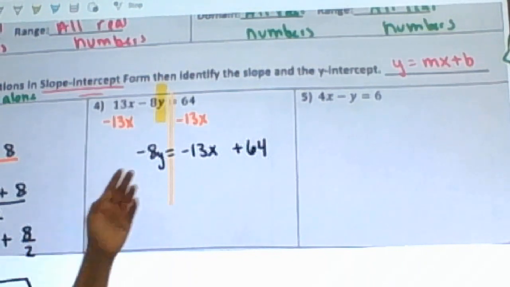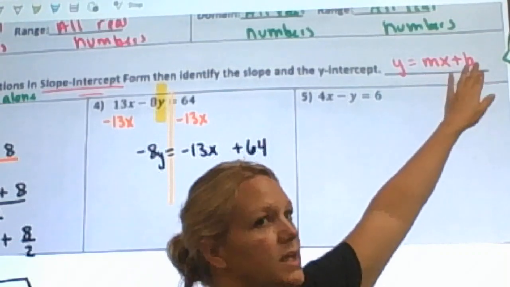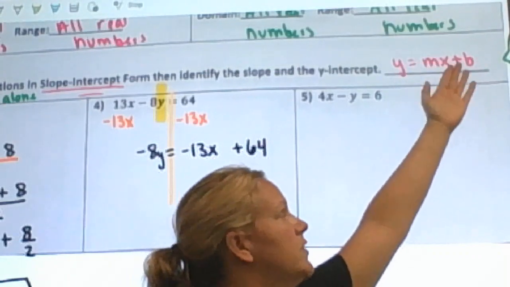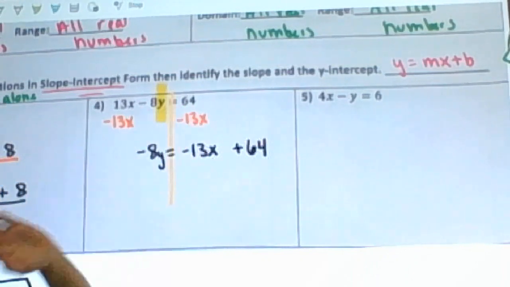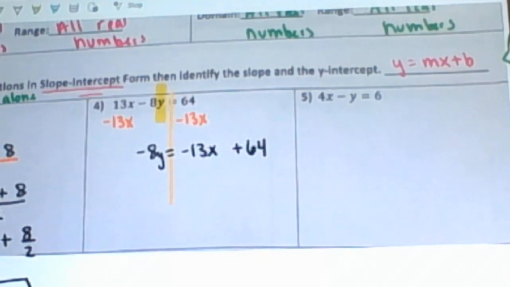Well, we want it to look like mx plus b, and the x is always in front of the constant. So I always will push that x in the middle there. So if you can't simplify negative 13 over negative 8x, can you simplify the 64 over negative 8? Yeah. Okay.